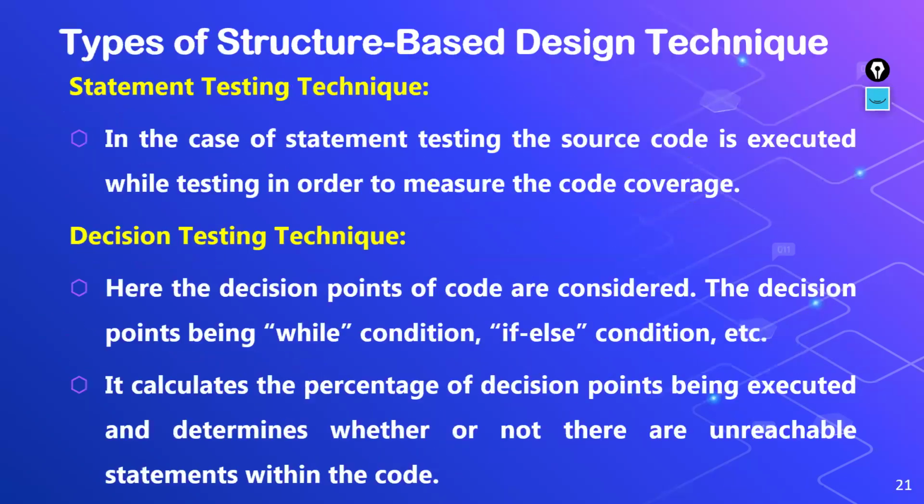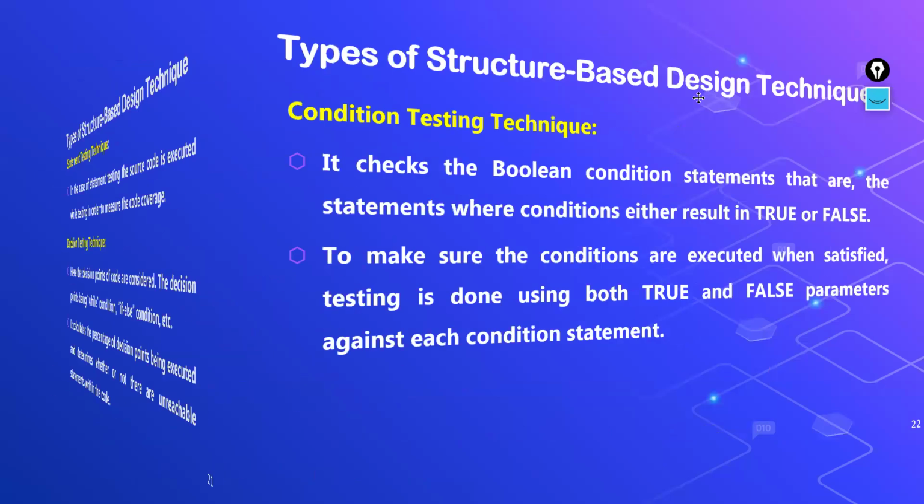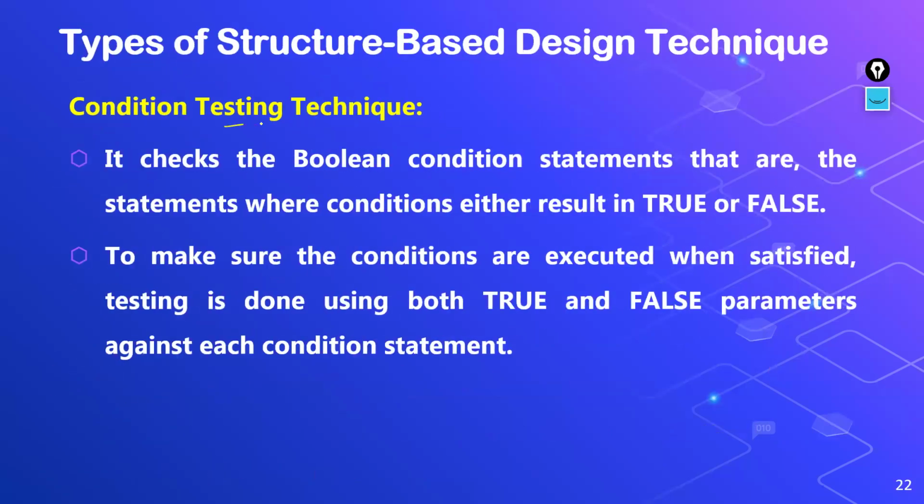Now, with this, you have a statement testing technique wherein they can check individual statements, then they can check decisions. There are different conditions that they will check, and based on that condition they'll see whether it will do this or go to the next part. Then they might use condition testing, where they'll check whether the condition results in true or false.